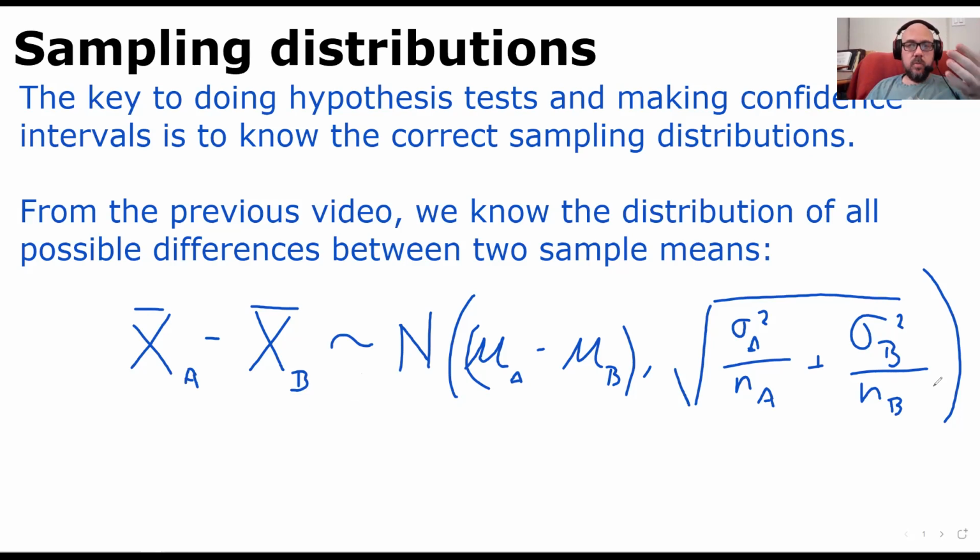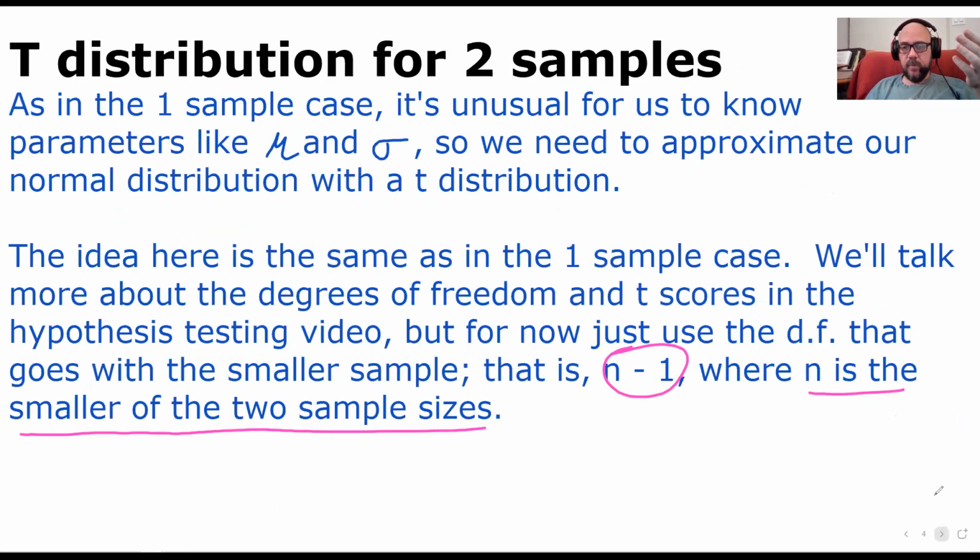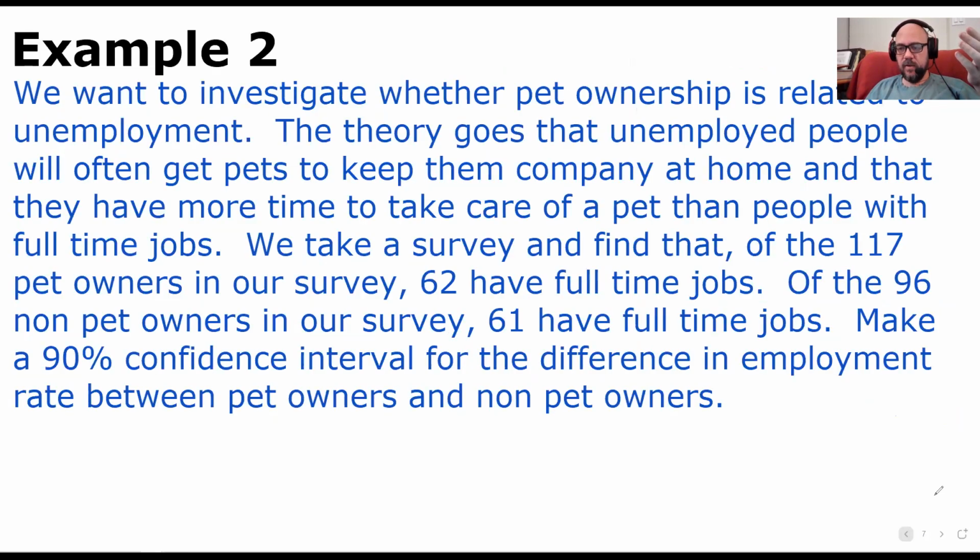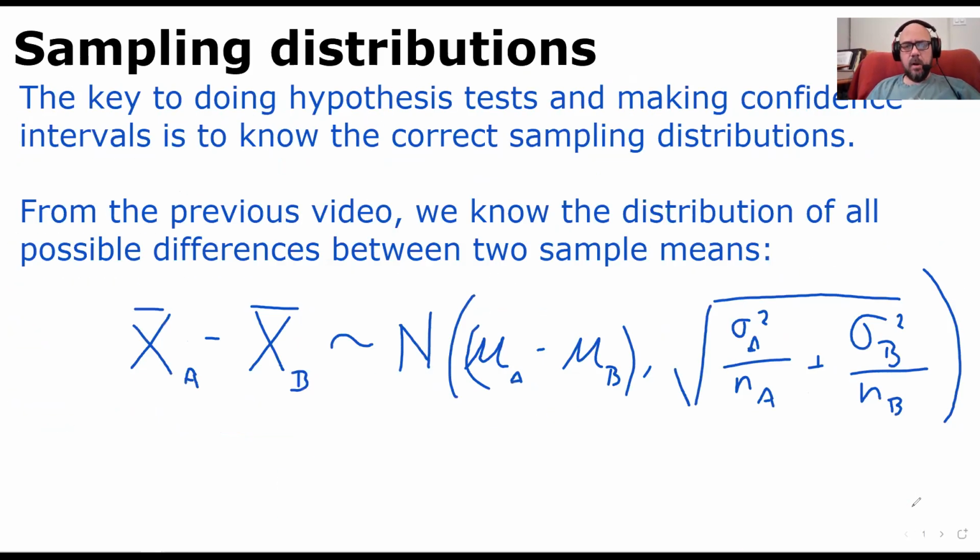What we're going to do when we make our confidence interval is the same thing, but we're going to substitute S's for sigmas, and our estimate of the difference between the population means is going to be the difference between the sample means.